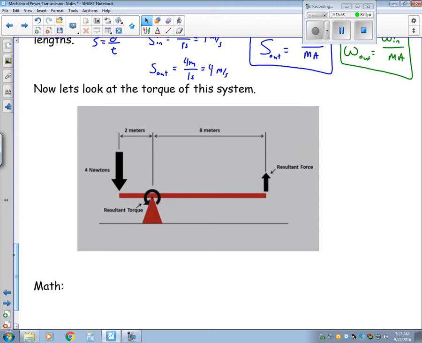All right. Going back to the torque, just one more time here. If we apply a force that tries to pivot something, we get torque. So torque is defined as a force that is perpendicular to a lever arm distance.